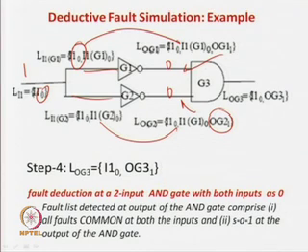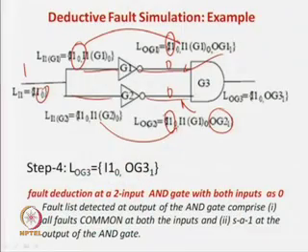Now we also discussed in the last class the case when both the AND gate inputs are 0. If one input is 0 in an AND gate, we know that the fault cannot be propagated by the other end. So what did we find out? That only one fault is common to both of them. So this is landing up in a stuck-at-0 over here and stuck-at-0 over here.